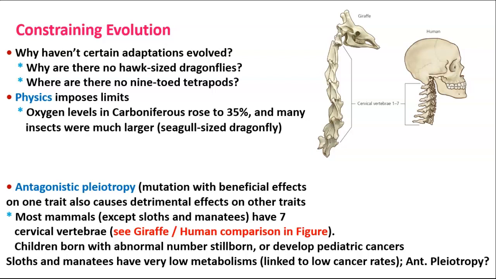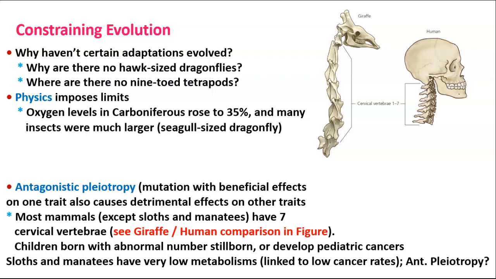So mutations with beneficial effects on one trait, those same mutations might cause detrimental effects on other traits. And so because of this antagonistic pleiotropy, that could impose limits on what is possible as an adaptation.